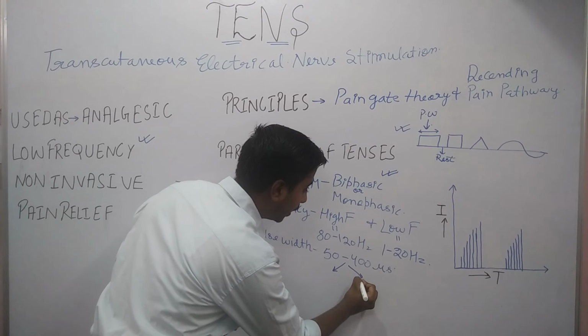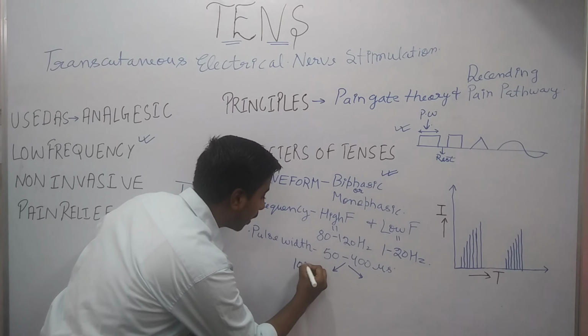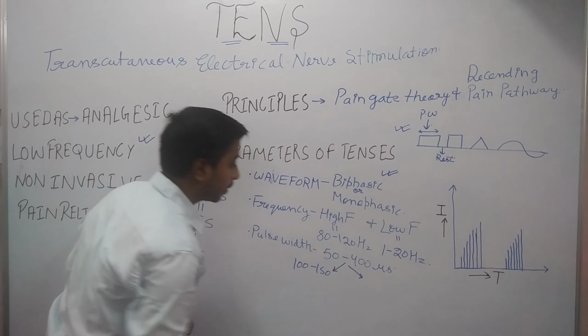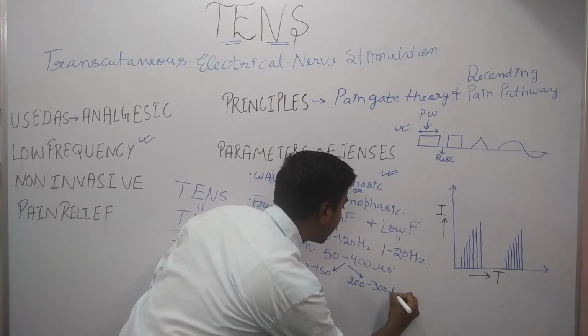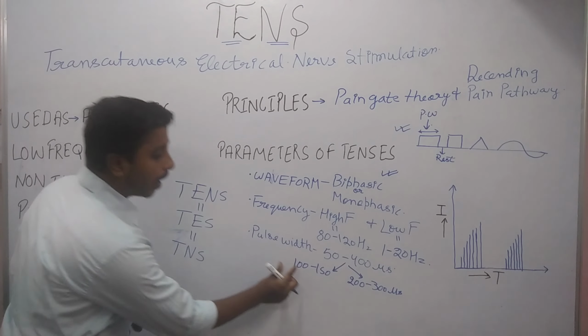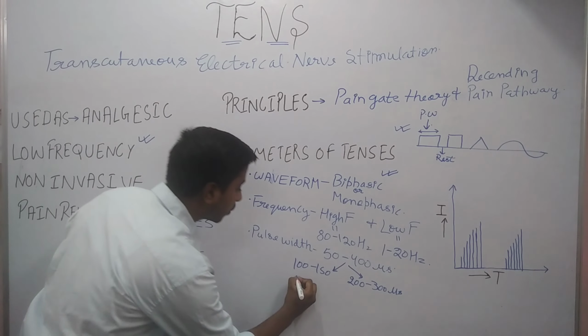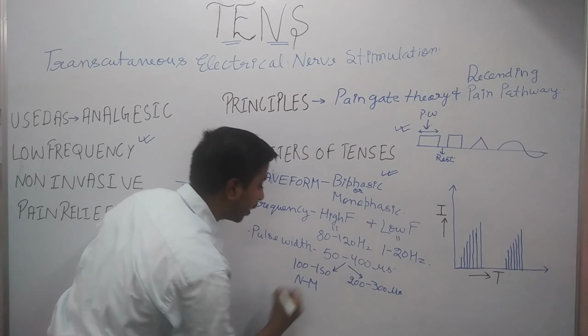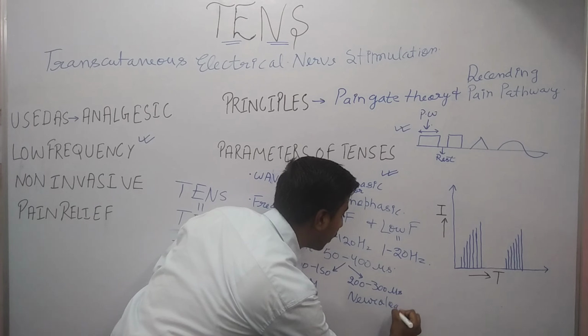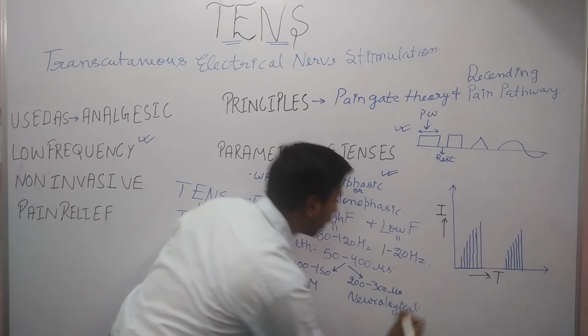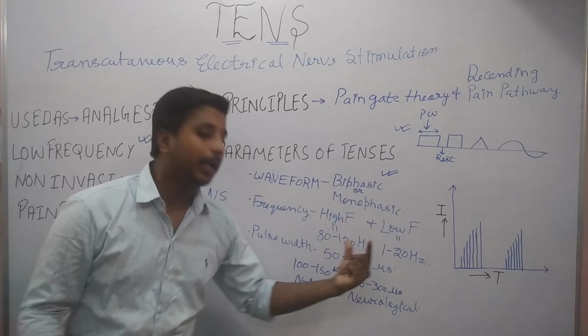So it can be 50 to 400 microseconds. Further, we can use two ranges, 100 to 150 and 200 to 300 microseconds, where 100 to 150 is used for neuromuscular conditions and 200 to 300 is used for neurological conditions.